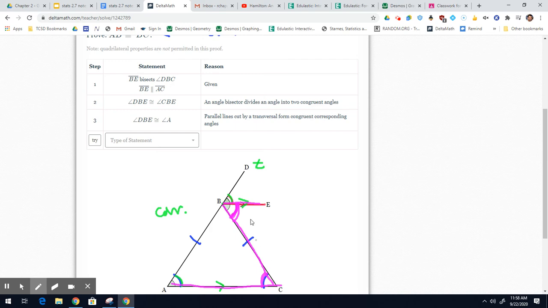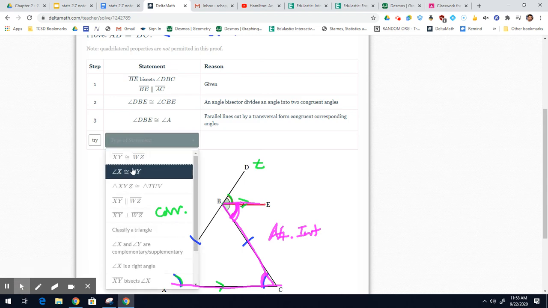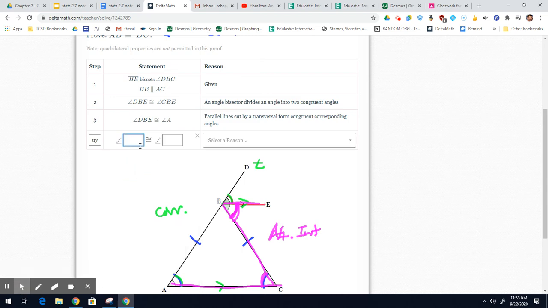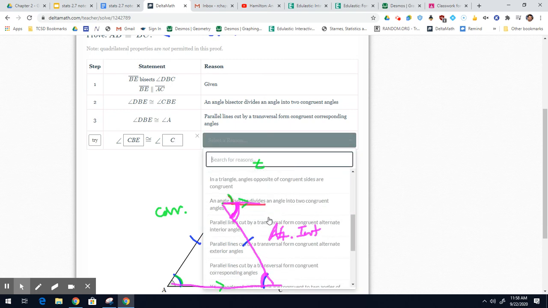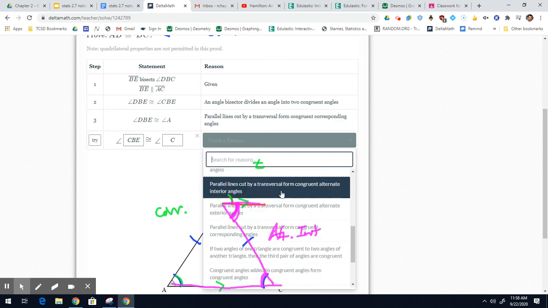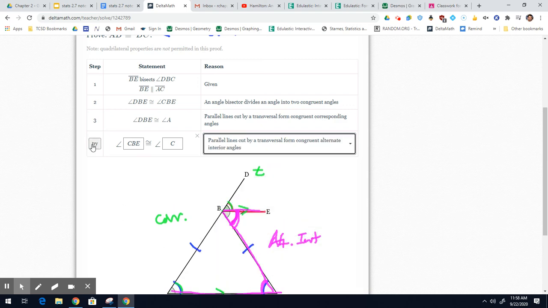So angle CBE is congruent to angle C, and that's because they are alternate interior angles. And again, if lines are parallel, you have alternate interior angles that are congruent.